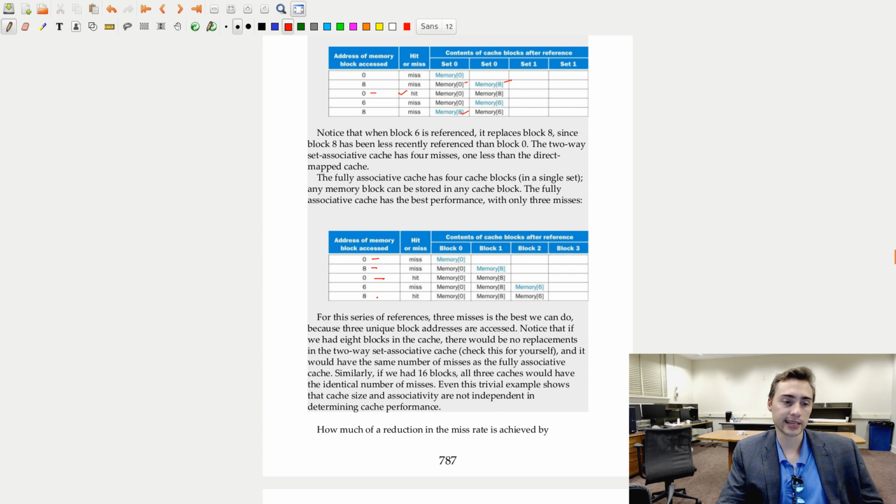When we load in 6, we've never accessed it before, so we're going to get a miss. And then when we load in 8 again, well, we loaded an 8 up here. We didn't have to kick it out this time, so we get a hit. So we went from a 0% hit rate to a 20% hit rate to now we have a 40% hit rate. So not bad. We got some marginal improvement here.